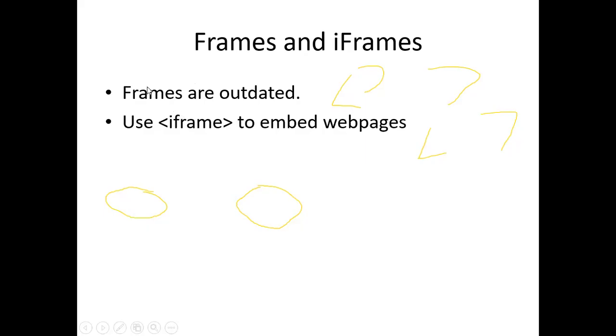Both are the same, frame tag and iframe. It is going to divide the web page. If you want to divide a web page into some parts, horizontal or vertical, then you can go with this tag, that is iframe.